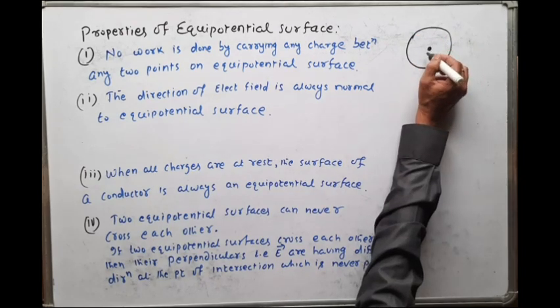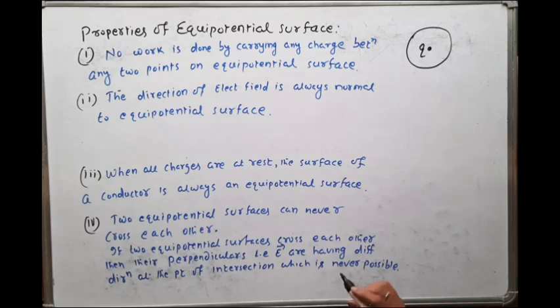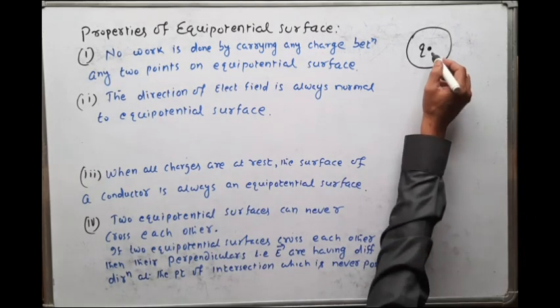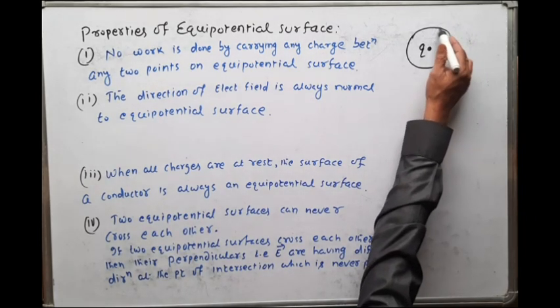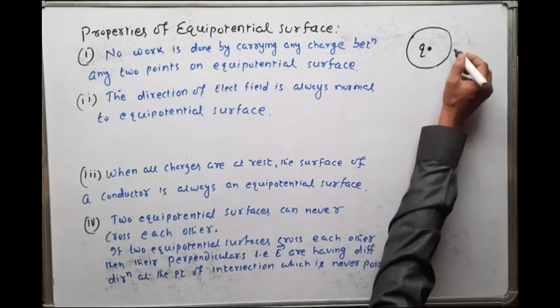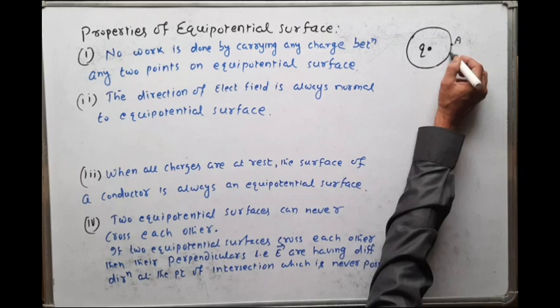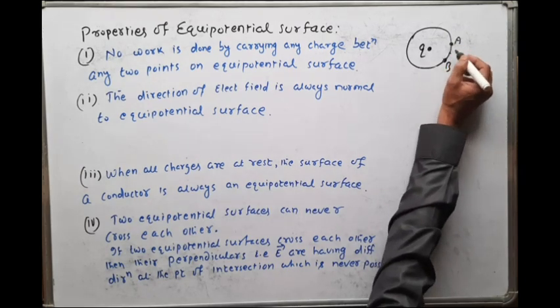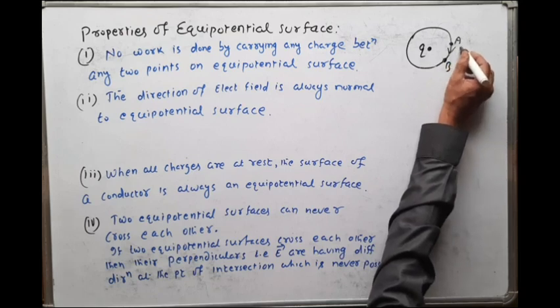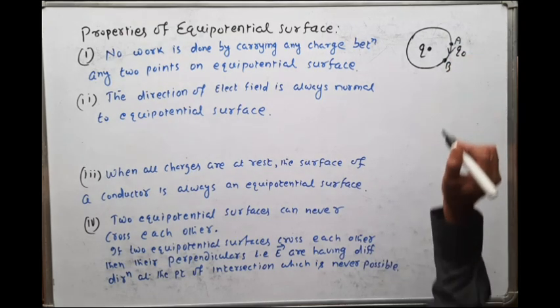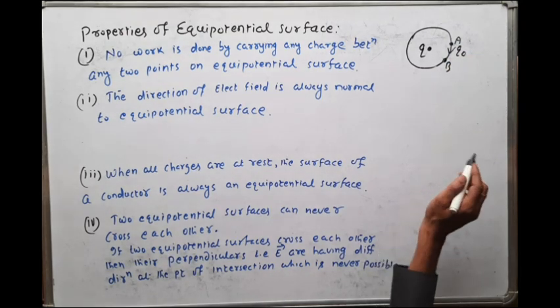At the center there is an isolated charge Q, and we know for the isolated charge the equipotential surface is spherical in nature. Now I am taking 2 points A and B. I want to carry a charge from point A to point B, so we have to find what is the work done.